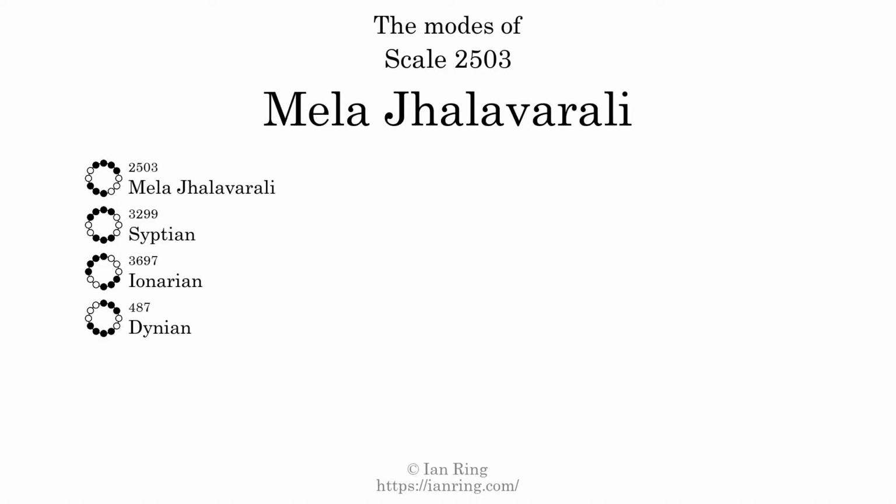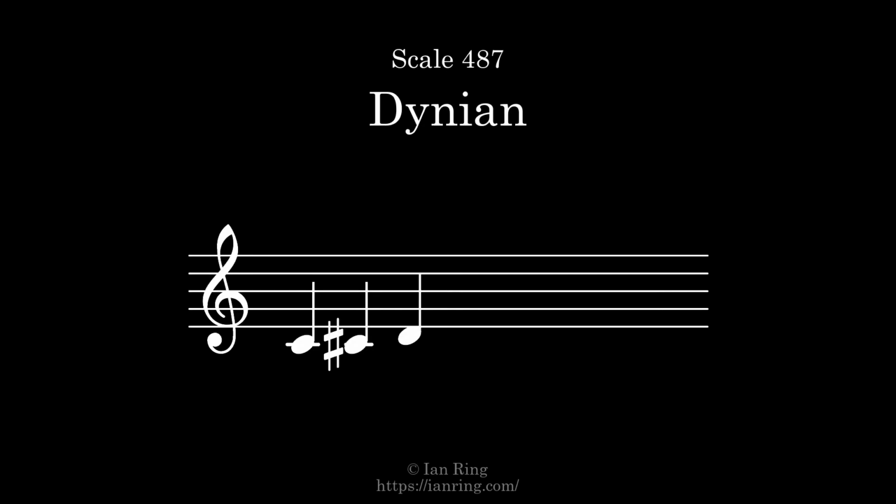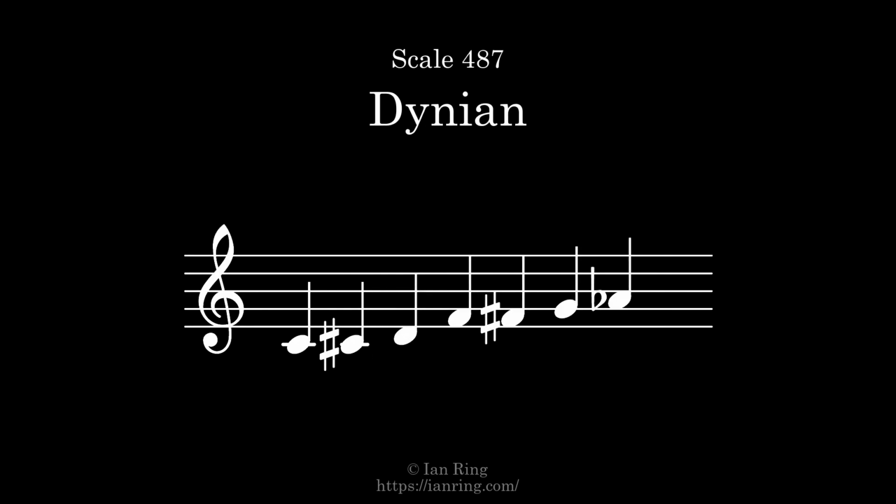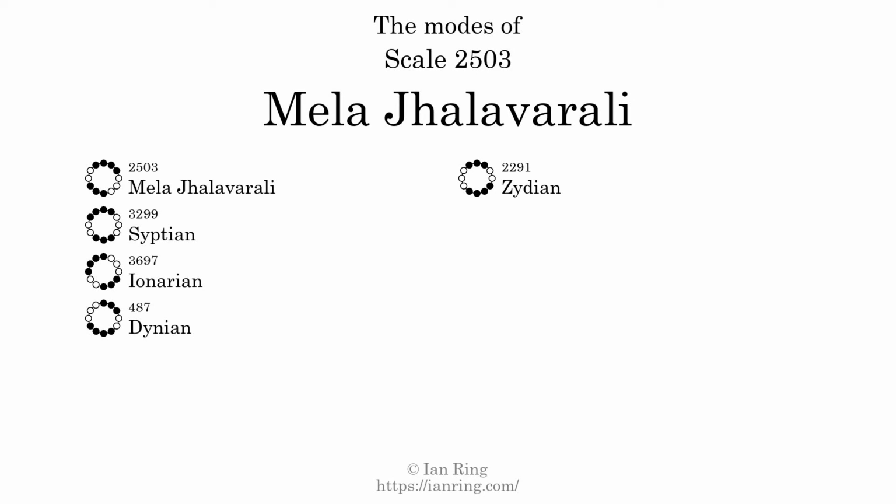The fourth mode is scale 487, also known as Dynian. It sounds like this. The fifth mode is scale 2291, also known as Zydian. It sounds like this.